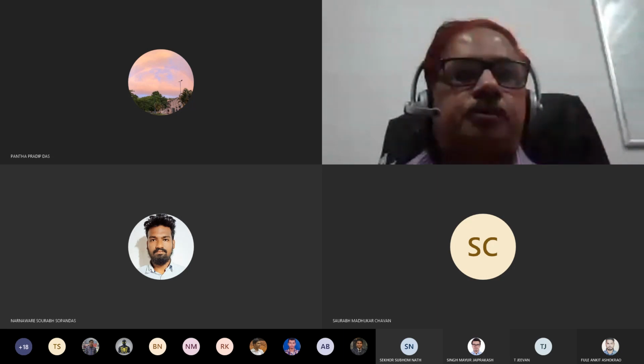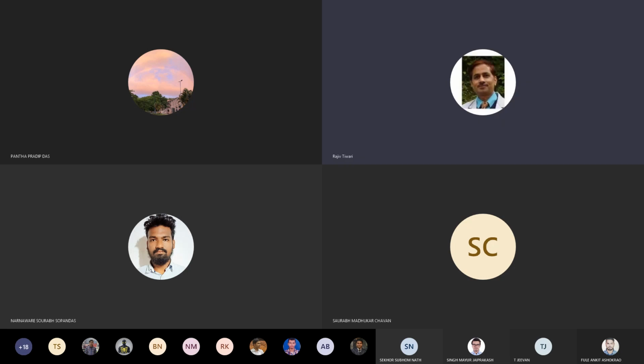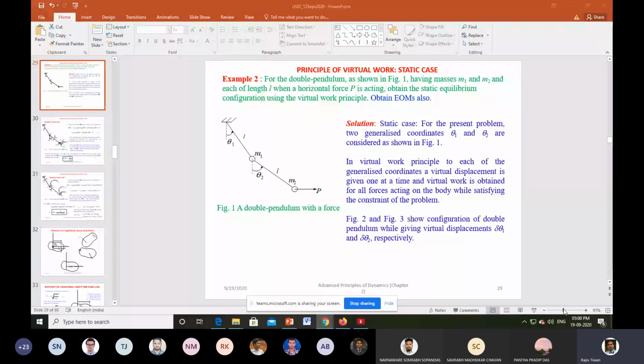So I'll take up an example for the static case, but a 2-degree of freedom system. In the last class I was introducing this example: there are two pendulums connected one below another, and there are two masses m1 and m2.